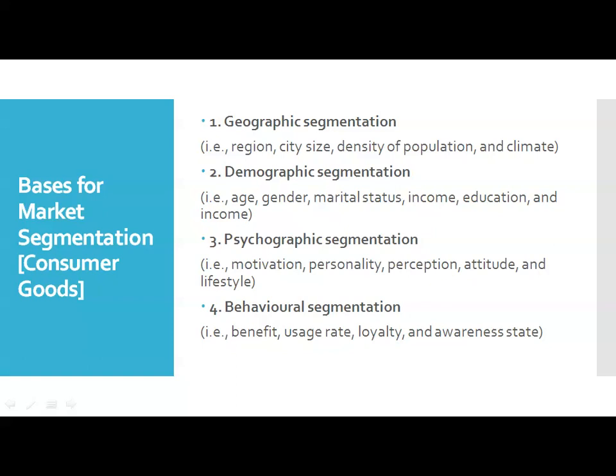Psychographic segmentation: we can divide the market on the basis of purchase motivation, the personality of the consumers, their perception towards the economy, the society, the purchase behavior, their attitude, and their lifestyle. Then last is behavioral segmentation. We can divide market depending on the benefits, the usage rate, the customer loyalty, and consumer awareness state. So, this is about the basis of market segmentation.